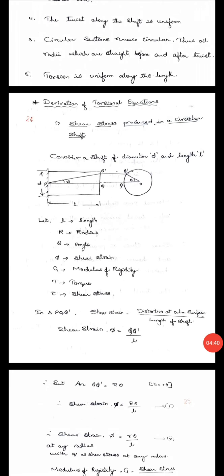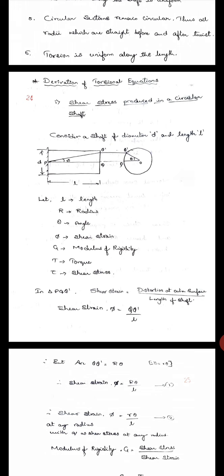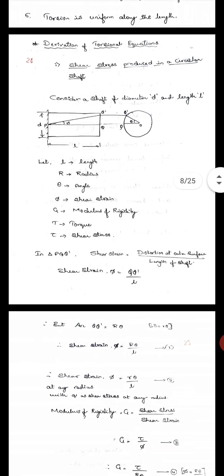Now shear strain phi is r theta by L, equation 2, for any radius. This can apply to any radius within the shaft. With small q as the shear stress at any radius, the modulus of rigidity is given by G equals shear stress by shear strain, that is G equals tau by phi, equation number 3.